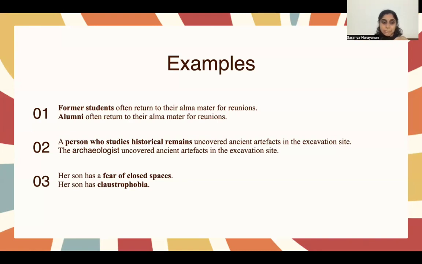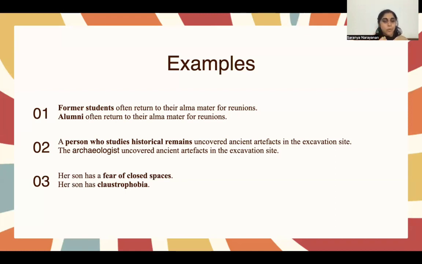Look at the next example. A person who studies historical remains uncovered ancient artifacts in the excavation site. Now, it's a very lengthy sentence. A person who studies historical remains. If we can think of a word to replace these words, it gives more clarity.